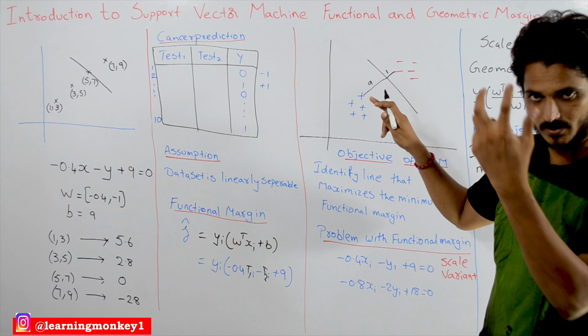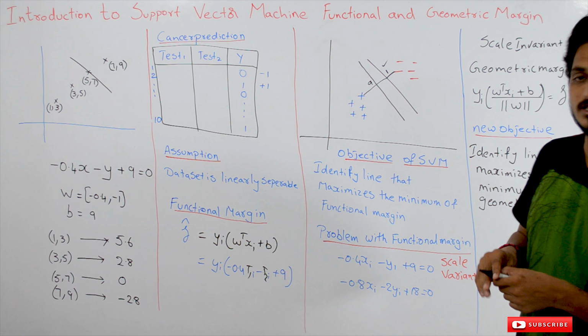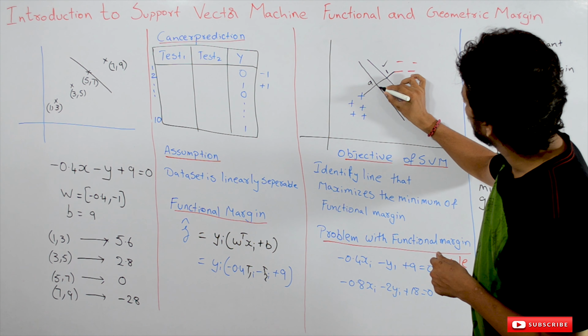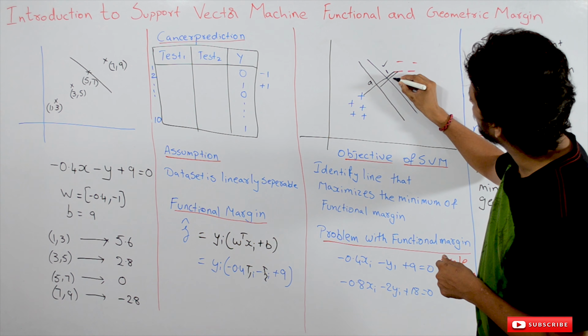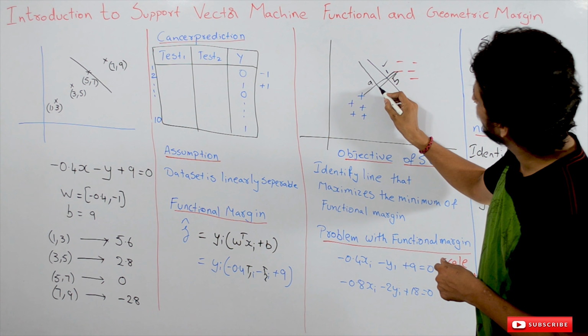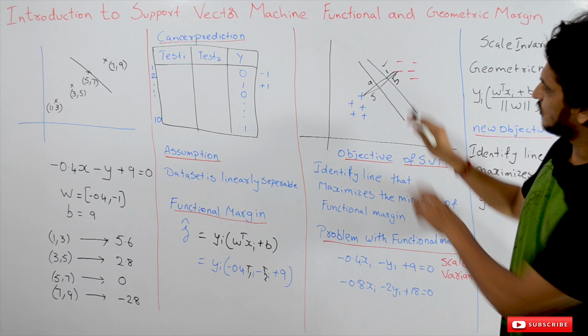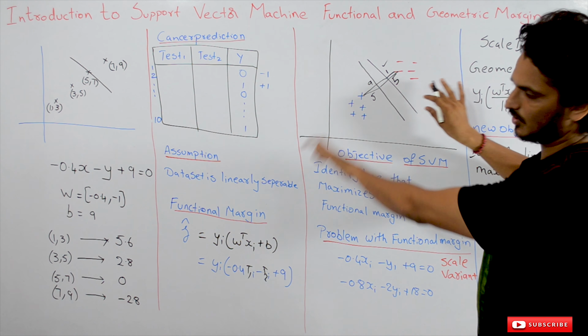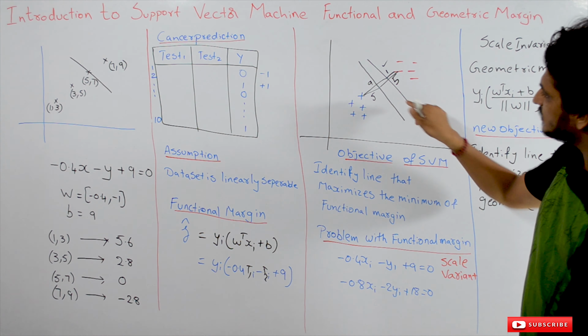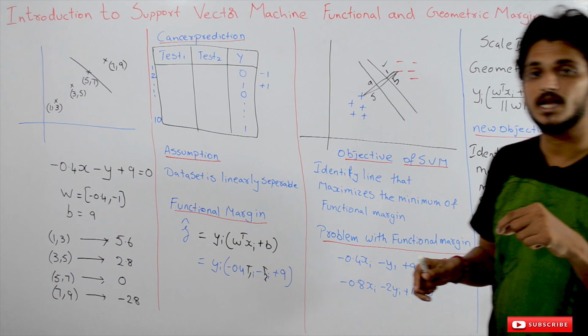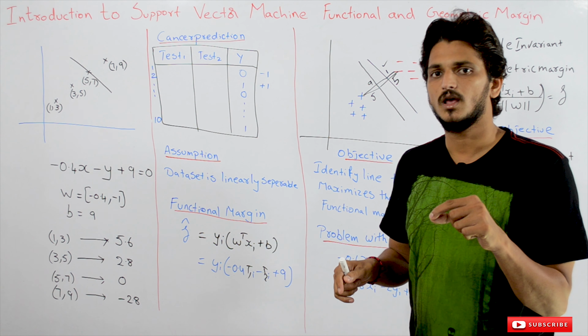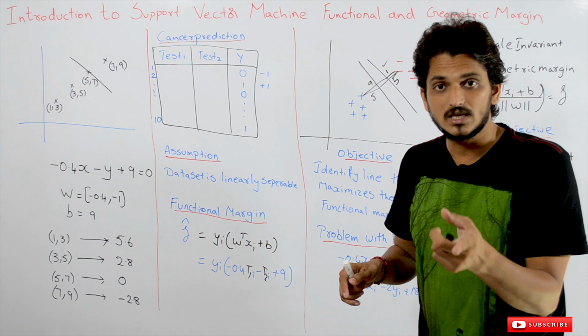Let's take another line like this. Suppose our support vector machine has identified this line. If we calculate the functional margin for all the points, for this point we got it as 5. For this point, we got it as 5. The remaining values are above 5. So in these two lines, which line will be selected by our support vector machine? Obviously the second line. Why is this line selected?